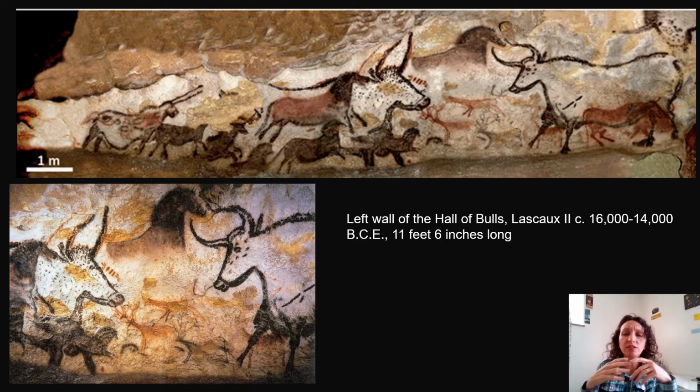This is a very large area, a very large depiction. It's slightly elevated. This is not a big interior cave space, so finding images of these caves, of where the images are in context, is kind of difficult.